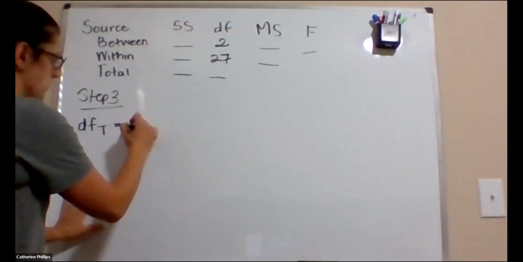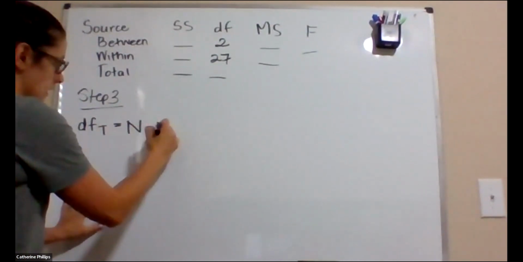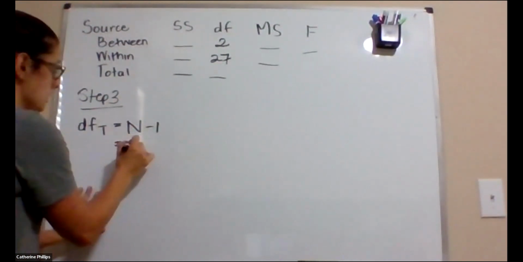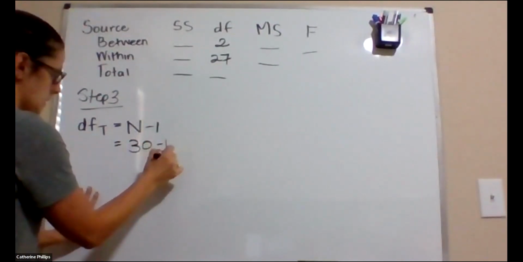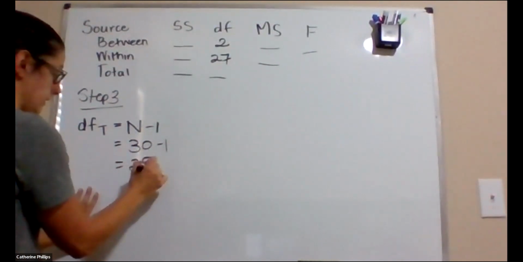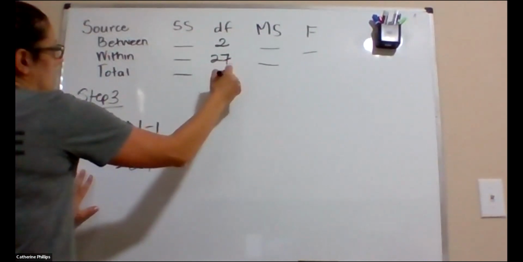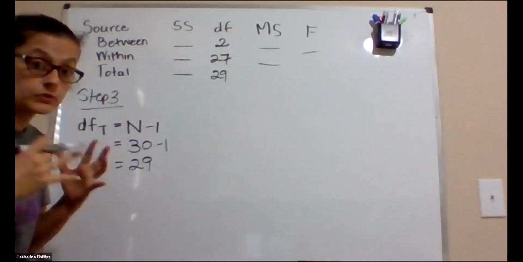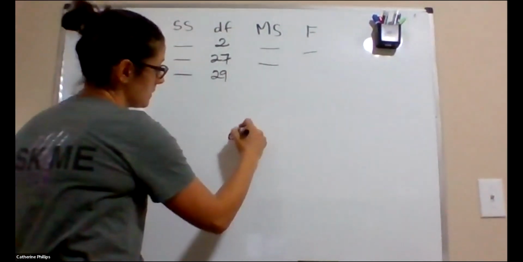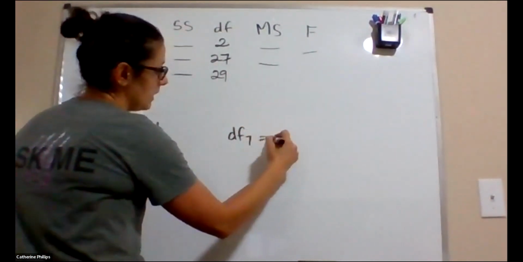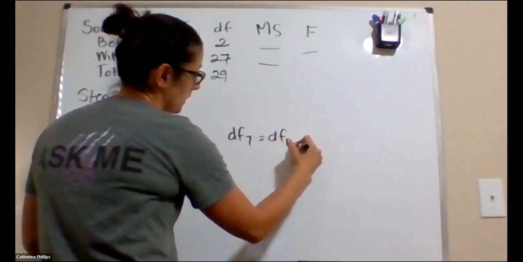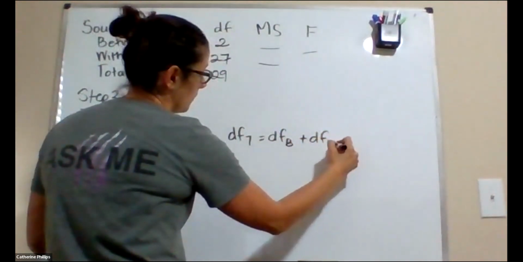The formula for degrees of freedom total is big N minus 1, which is 30 minus 1 is 29. We could have also used the relationship that degrees of freedom total equals degrees of freedom between plus degrees of freedom within.